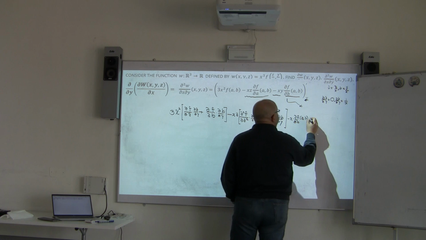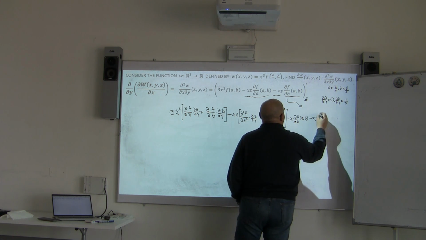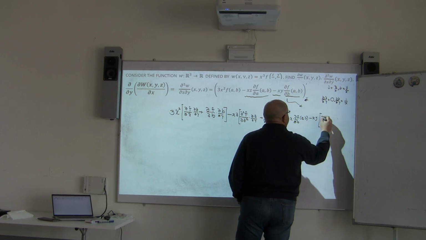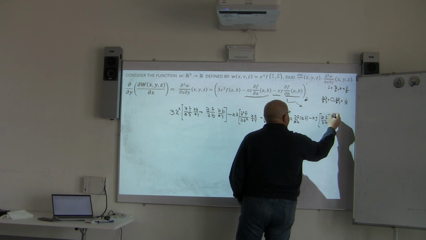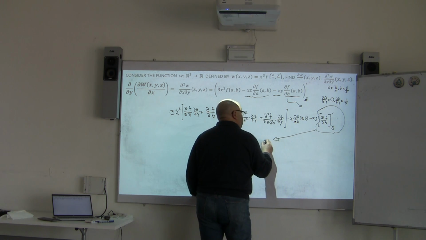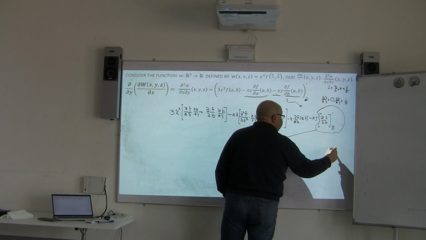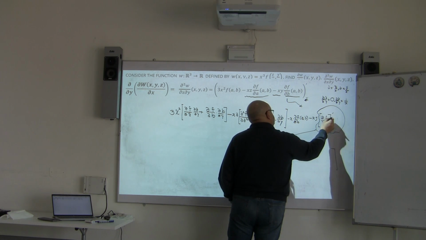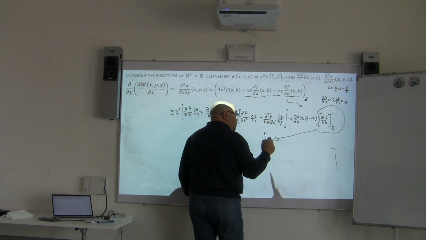Then I will have minus xy times partial f partial b, the derivative with respect to y. In order to get the derivative with respect to y, I want you to remember once more, I will have to differentiate the function first with respect to its own variables.